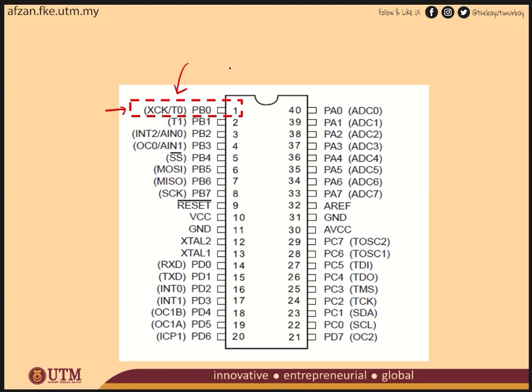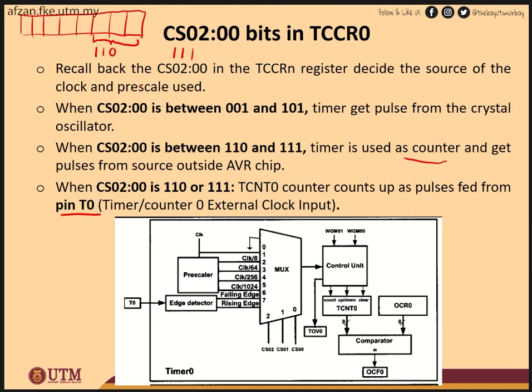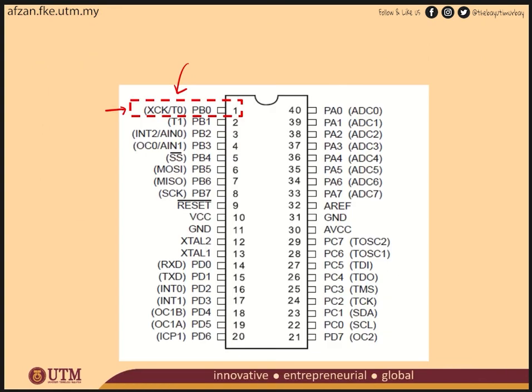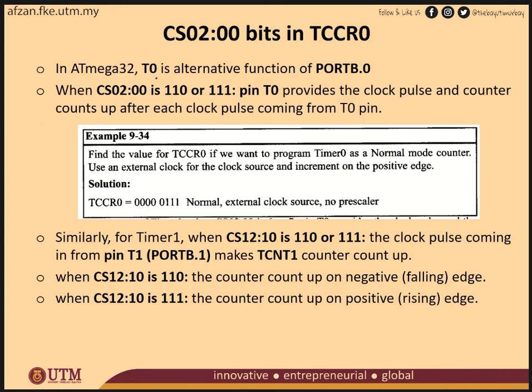Next, you need to set your TCCR with either 110 or 111 so that it becomes a counter register instead of a timer register.